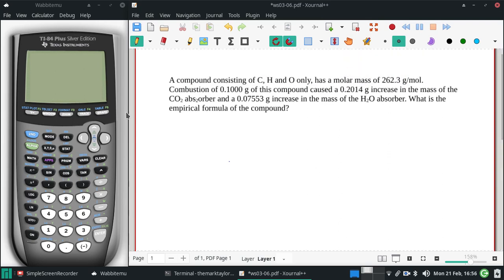What we're going to do is a combustion train. We're going to start with the mass of the carbon dioxide, and from it determine how much carbon was actually in the original sample.